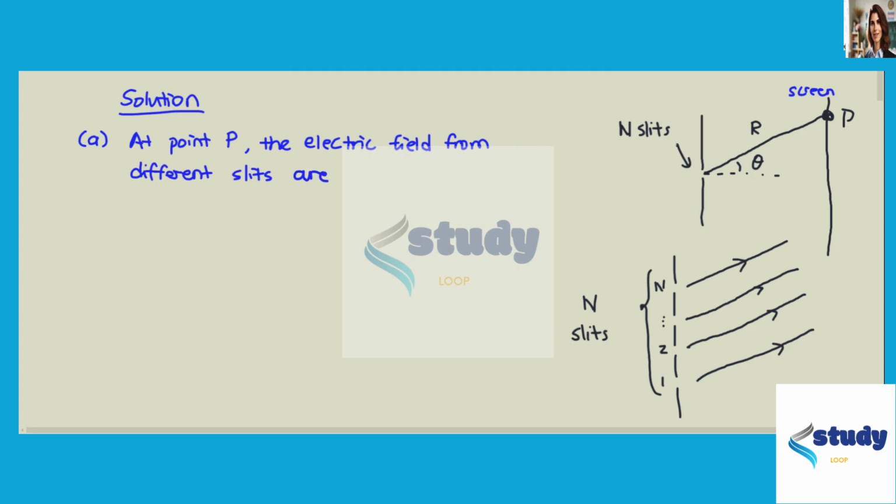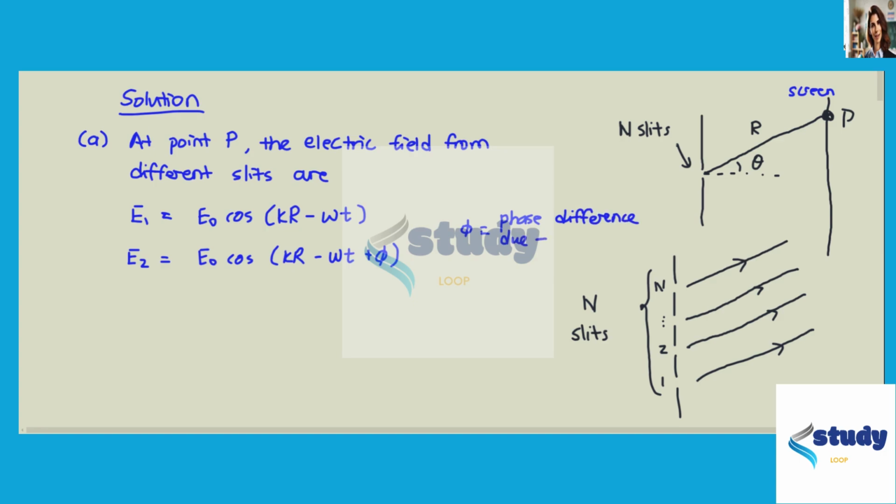I label the slits 1 at the bottom up to n, and E1 we will write as E naught cosine of kR minus omega t. Then E2 will be E naught cosine of kr minus omega t plus phi, where phi is the phase difference due to path difference.